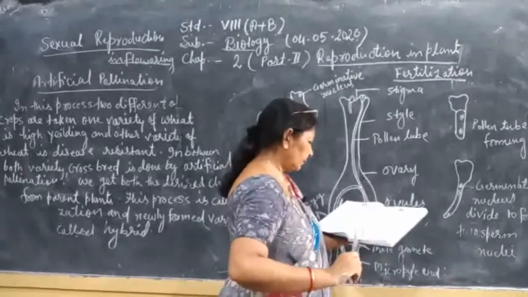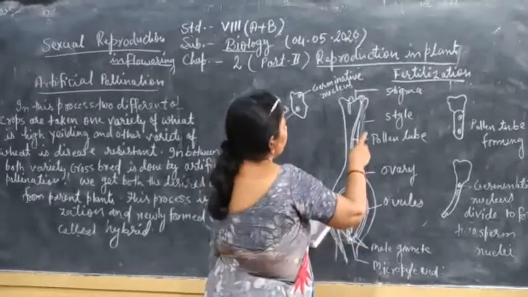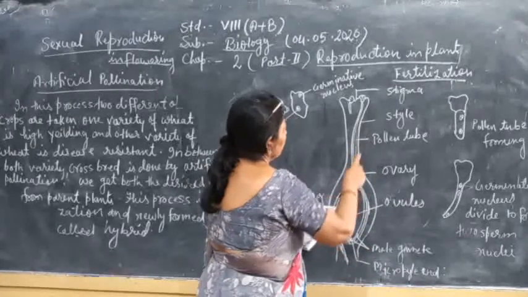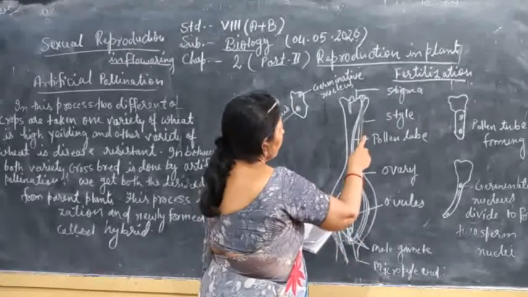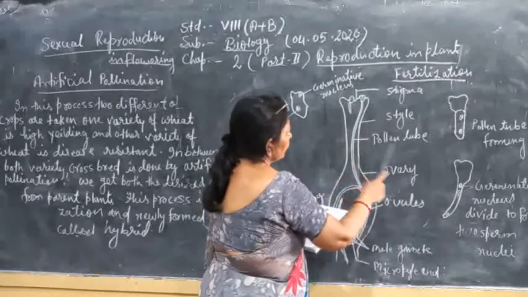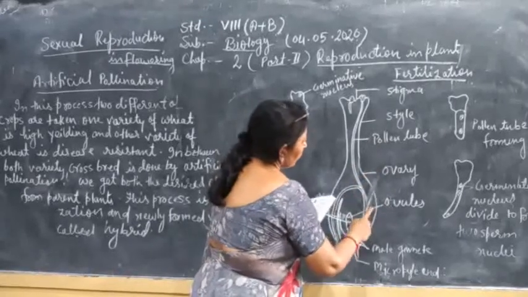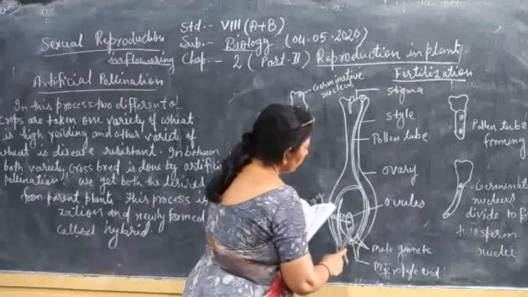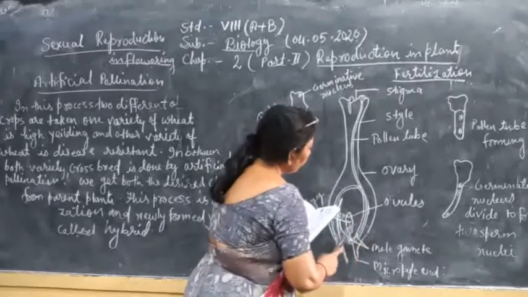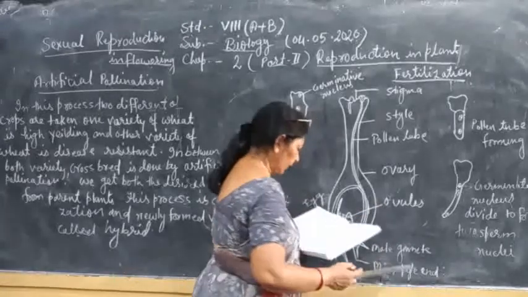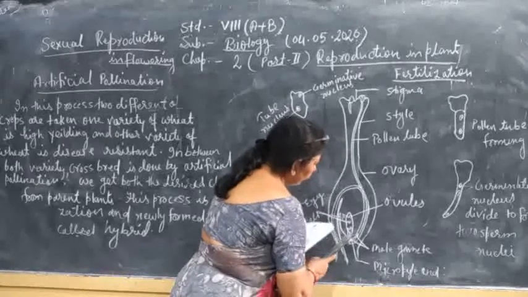Step three. The pollen tube grows through the style. This whole part is the pollen tube. The pollen tube grows and moves through the style to reach the ovules inside the ovary, through the micropyle.